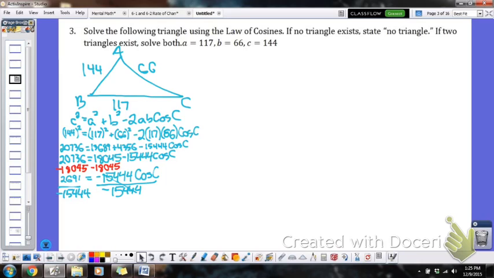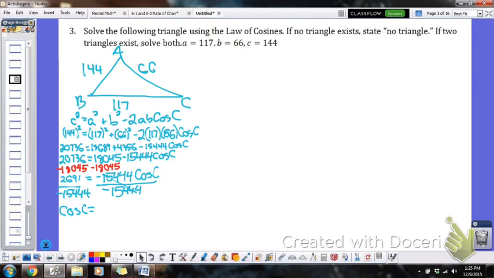Cancel out on the right side, and I will get the cosine of C equal to some long negative decimal that I really don't need, because all I'm worried about is what angle C is.